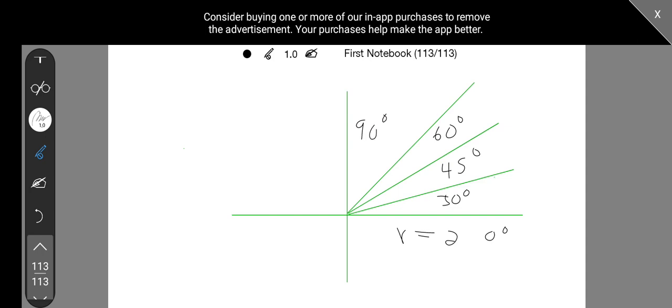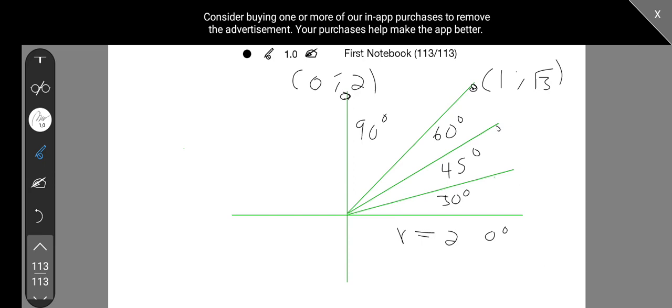The coordinates which go with 90 degrees are given as 0 and 2. And here we have 1 and √3. Let me write that nicely. It's 1 and √3.